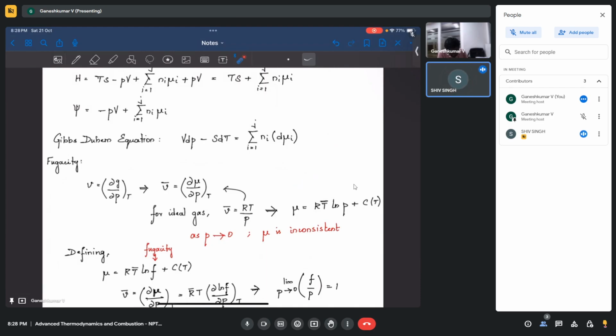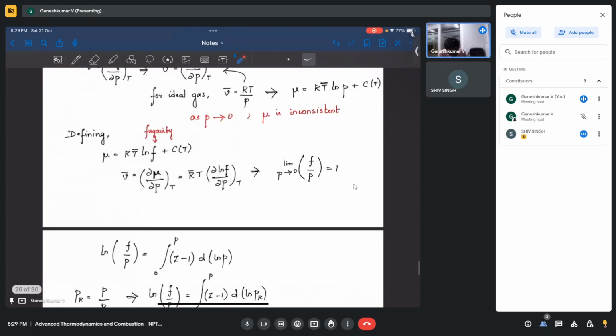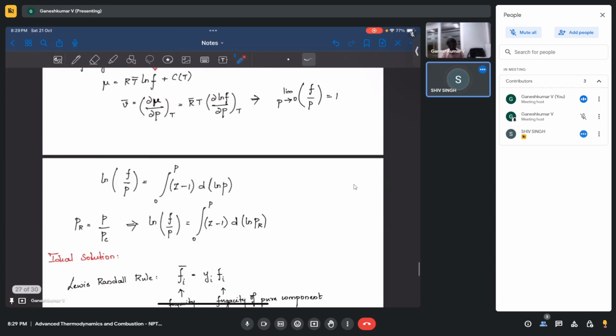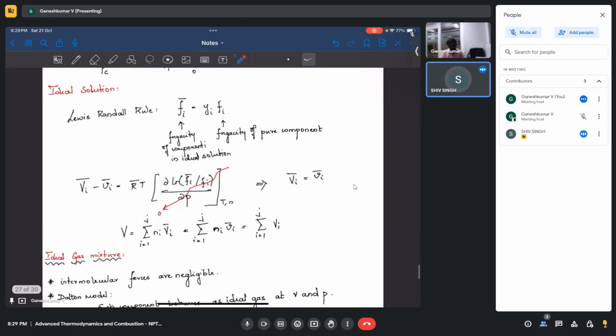We define fugacity, but we didn't actually use this anywhere. You usually use both chemical potential and fugacity in combustion systems, but this is not dealt with in detail in this course.